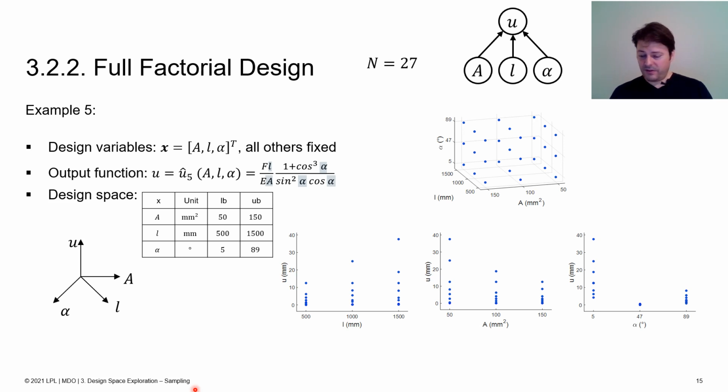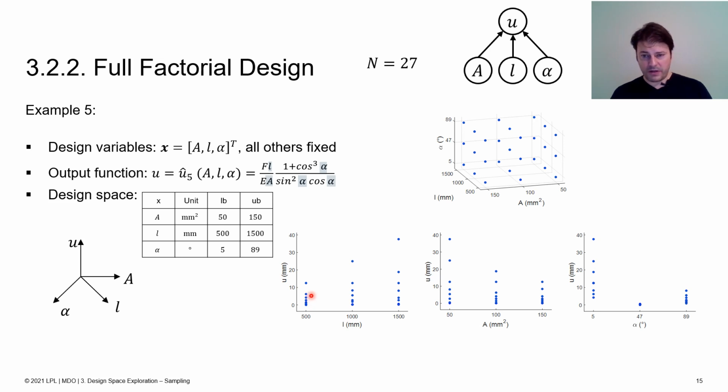And now what you can see here is that rather than those 3 points we had in the plot before for one particular value of L, now we have 9 points. And the reason for that is that these points are not only for varying A now, they're also for varying alpha.